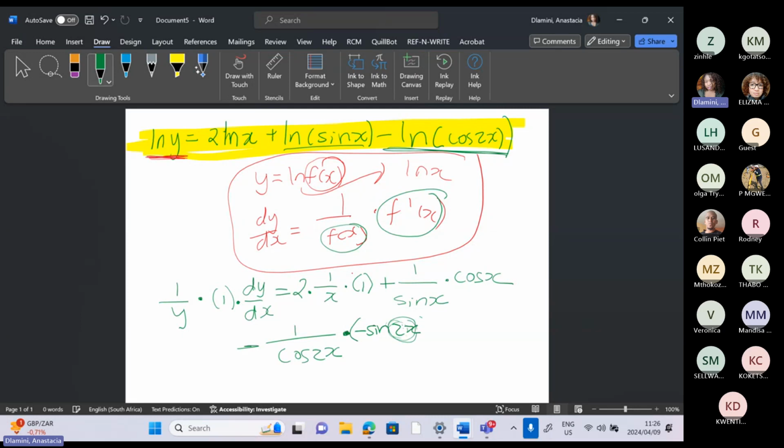So we differentiate that inside function, that is times 2. Are we all together there? Yes, ma'am.